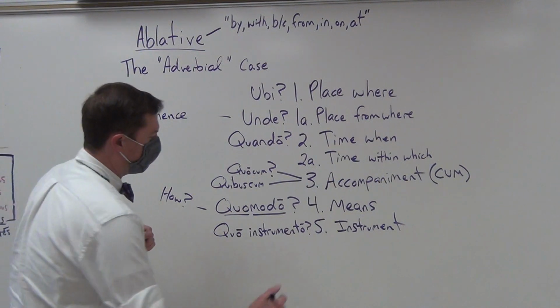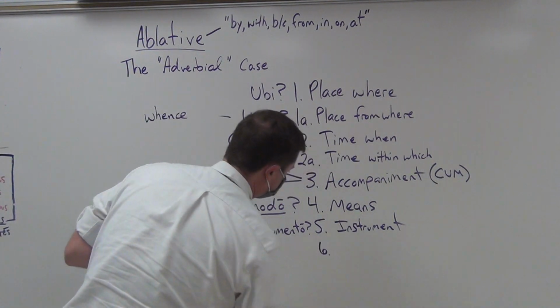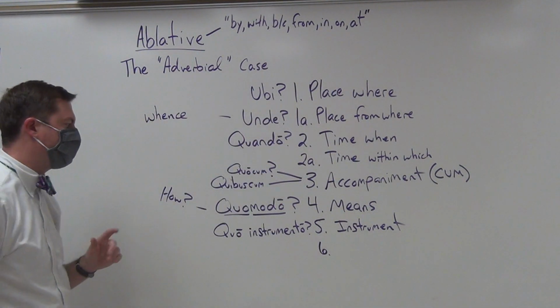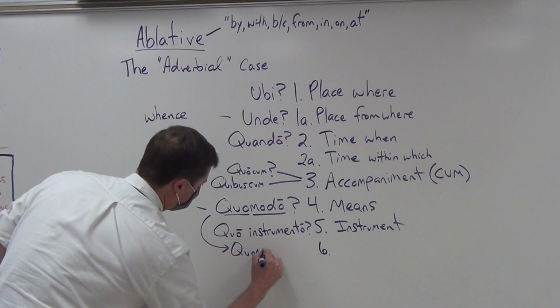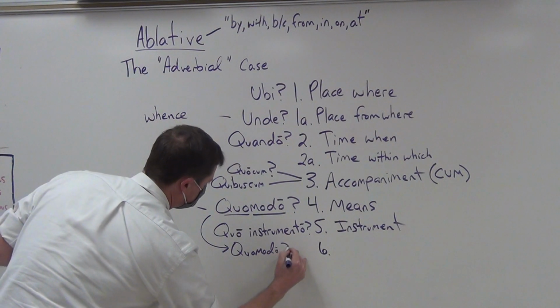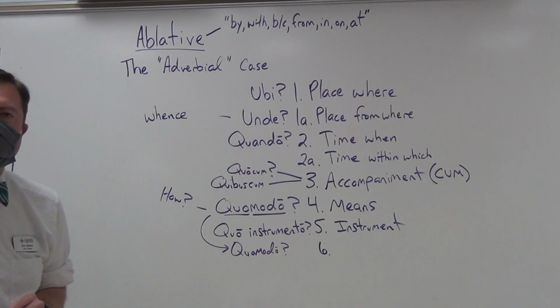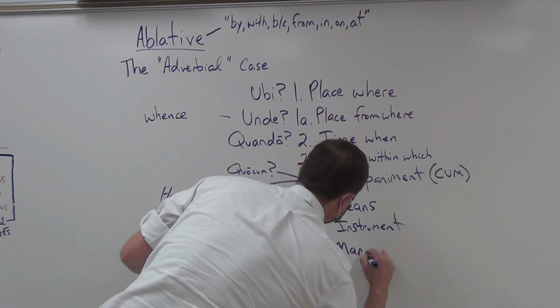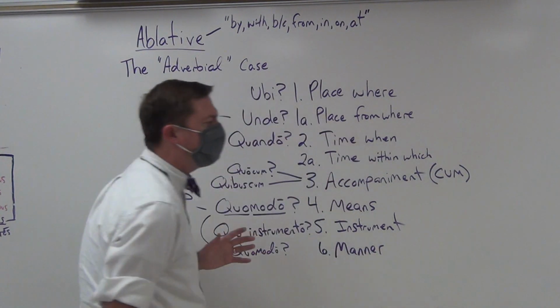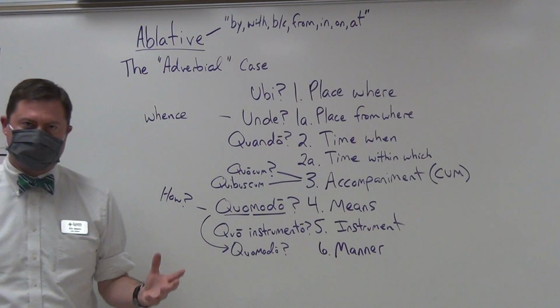Now, the sixth use of the ablative is also going to be giving you the answer to quo modo, how or in what way. But this is what we call the ablative of manner. The manner is the abstract quality.